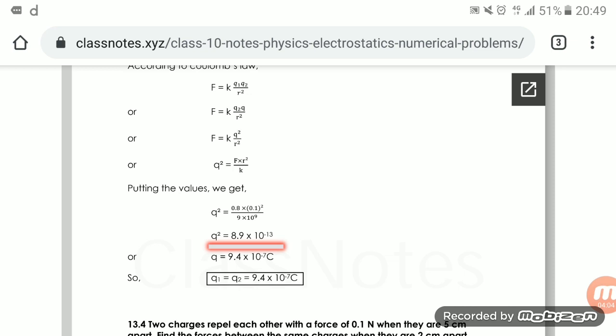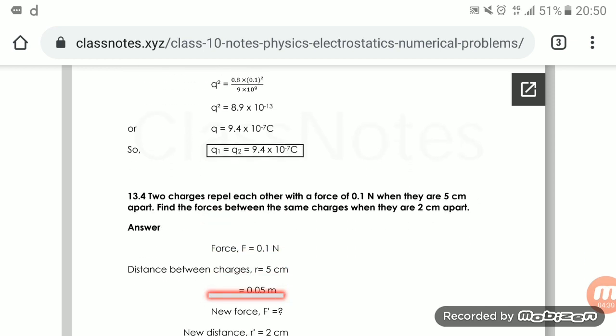Here we have Q square, so we take the root on both sides, and we get Q equal to 9.4 multiplied by 10 raised to power minus 7. As both charges are identical, Q1 and Q2 will have the same value, 9.4 multiplied by 10 raised to power minus 7 coulombs.